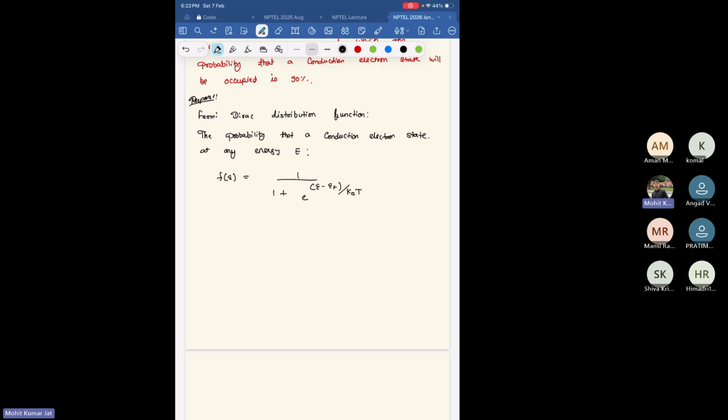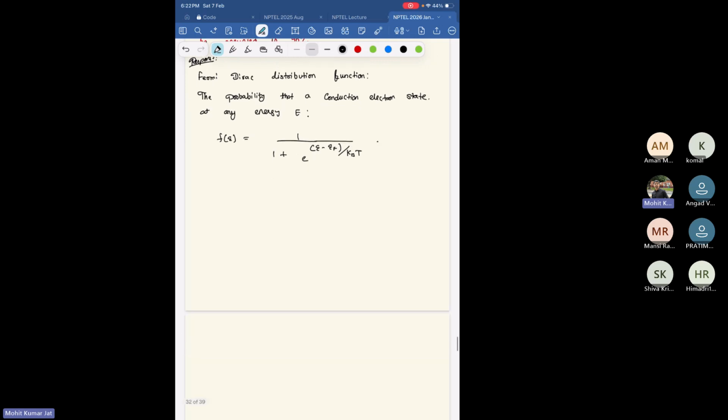The point to note is that this is the probability of occupation. If the question asks for the empty state or unoccupied state, then it will be 1 minus F(E), the probability of the state being empty.